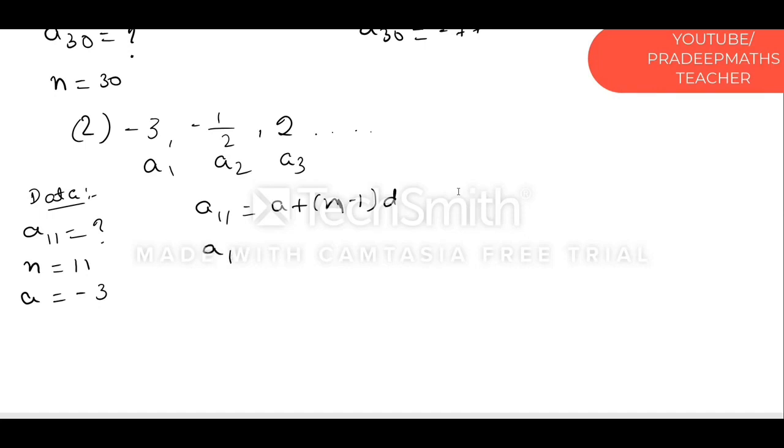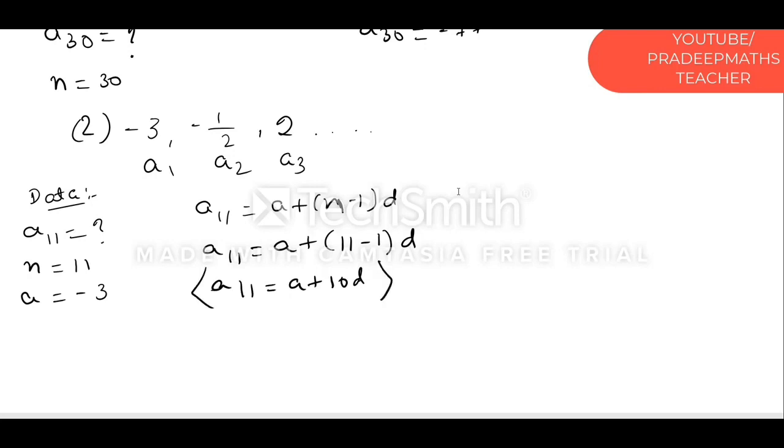So you will get the formula a plus 11 minus 1 into d. So a11 equals a plus 10d, correct? 11 minus 1 is 10, into d is 10d. So the a11th formula will be a plus 10d.